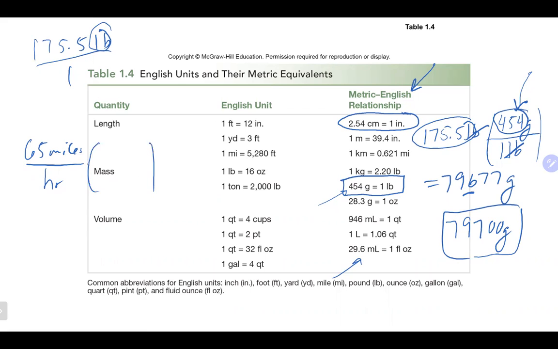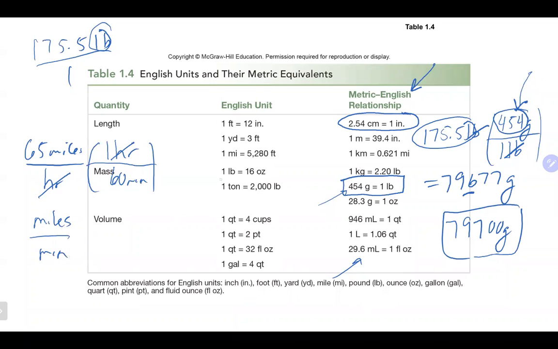By the way, in 1 hour, how many minutes are there? There's 60 minutes. If I did this conversion, hours are on the bottom, so hours go up on top. If I stop the calculation right at this point, what units am I in? Miles on top, per minute.